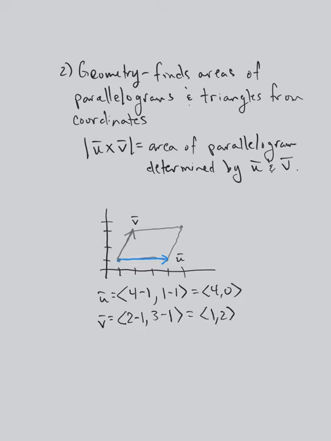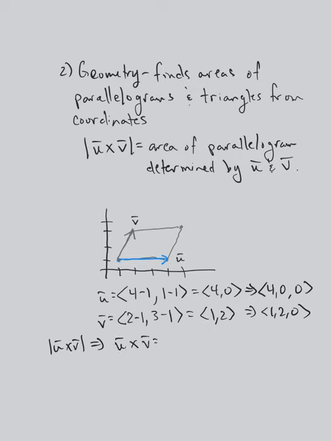Now remember, to do a cross product we need a 3-dimensional vector, and so I can convert this to 3 dimensions just by adding the z coordinate equal to 0. Now to get the area of that parallelogram, I need the length of u cross v. Now that I have coordinates, I can compute u cross v right there.